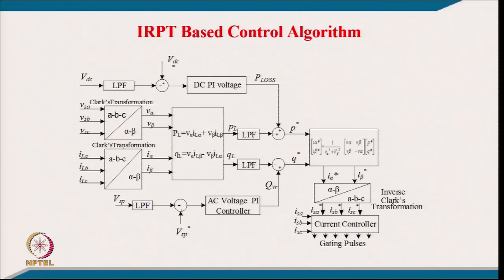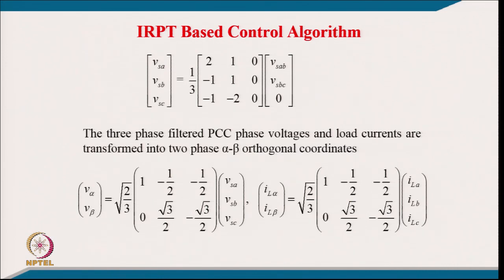We are taking indirect current control, which means control on the grid current, and these are the typical expressions from the line voltage.